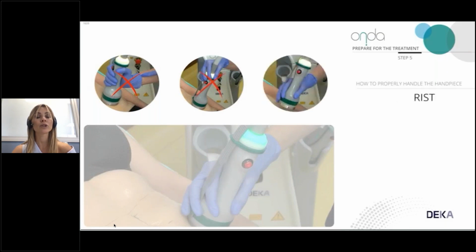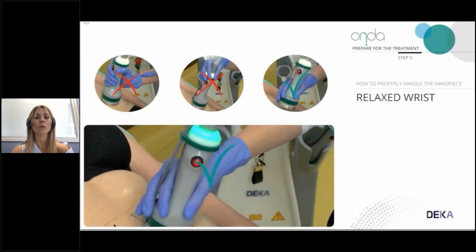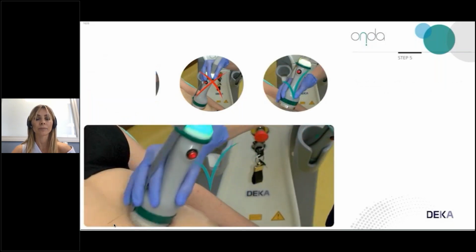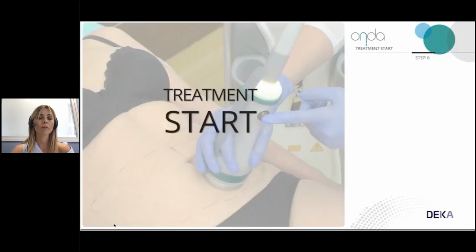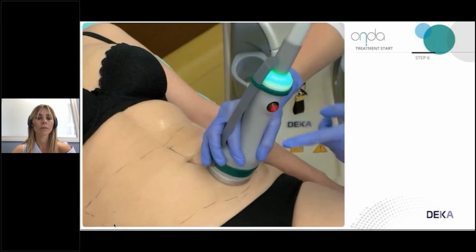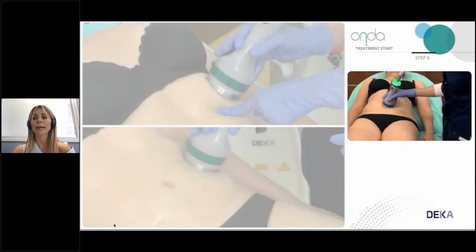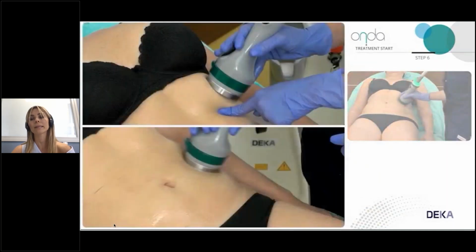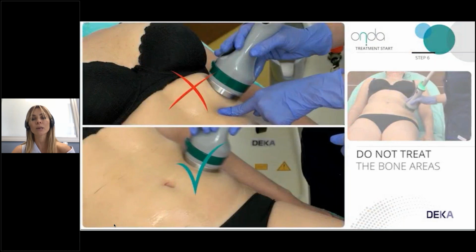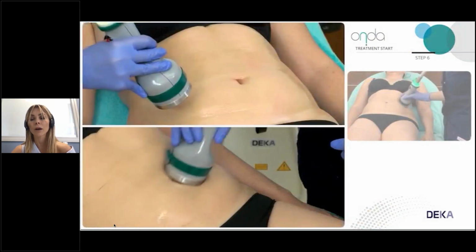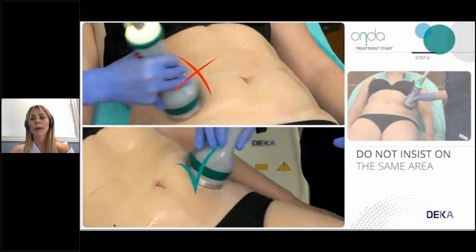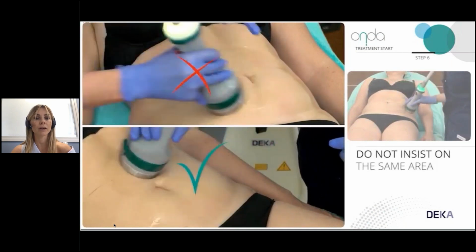It's important not to stress too much our wrists, so we normally hold the end piece like a pen. It's important to slide, passing several times in this square, 15 by 15, all our dose and with a particular power.